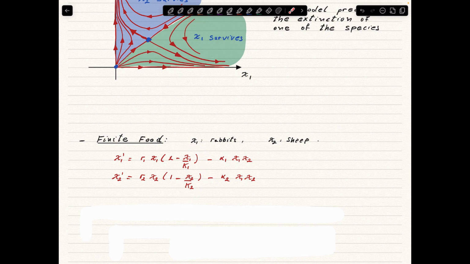Recall, these are the terms from the logistic equation which appear when, suppose, we don't have sheep here. So this term is going to be 0, this is going to be 0, and the whole equation here is going to be 0.